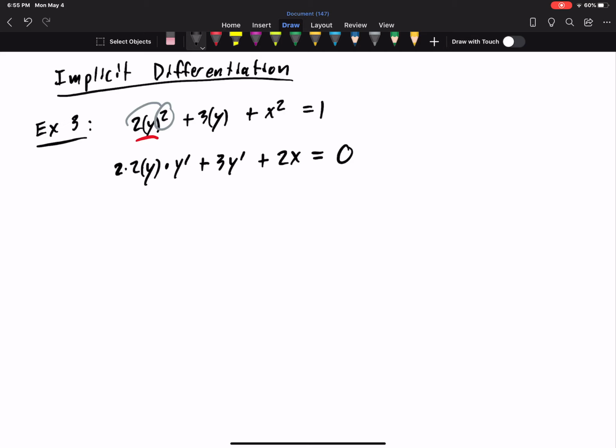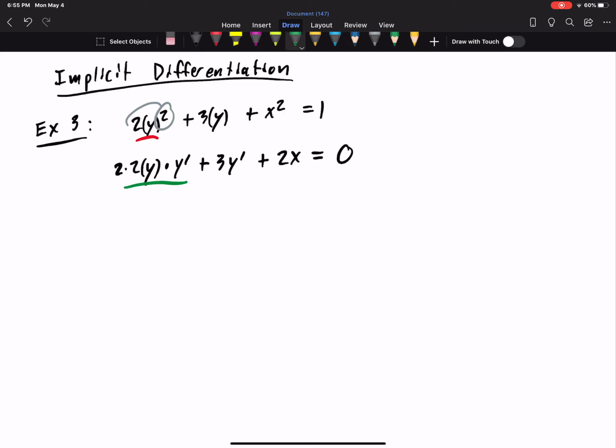So, okay, following the strategy for this, our goal is to get y prime by itself. So all the terms that have a y prime on them are going to stay on the left-hand side, and all of the stuff that does not have a y prime are going to move to the right-hand side. So I'm going to underline these things.